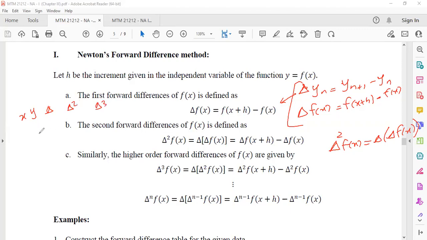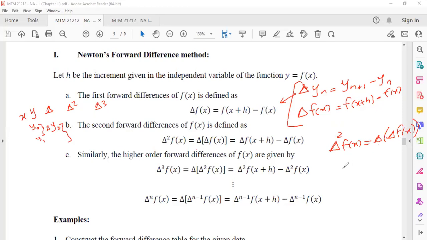Between these y values, we put delta y. If this is y0 and this is y1, this will be my delta y0. Then for this part, you have to take this difference. In that sense, the representation is delta of delta f(x).